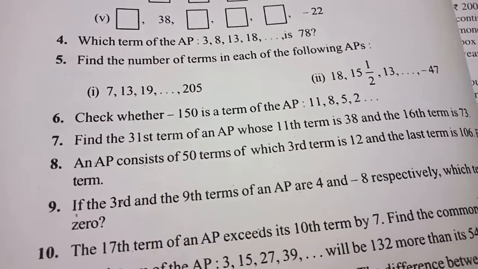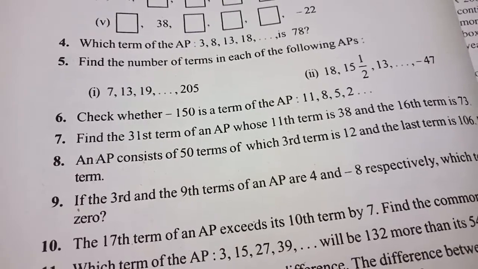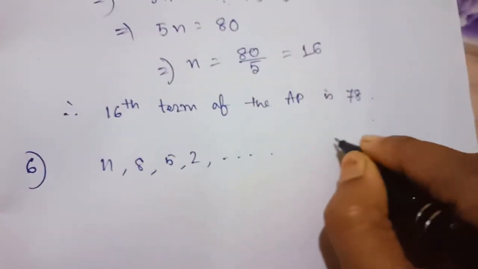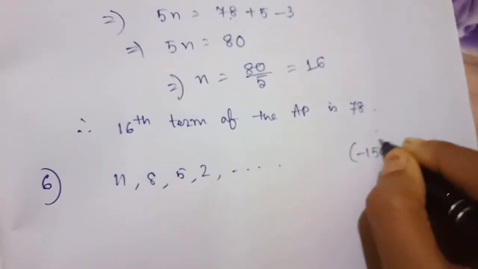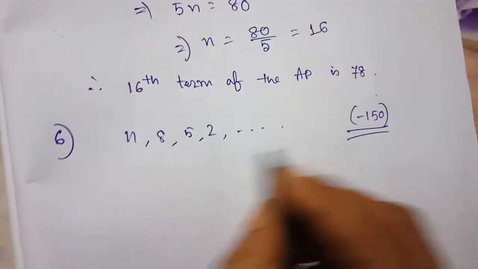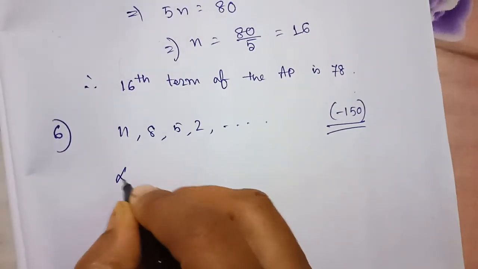Question number 6, it is told that check whether minus 150 is a term of the AP 11, 8, 5, 2, or not. So we will be checking it in the process. Minus 150 will be the term to be checked. Whatever the term will be given for checking, we will take it as Tn.